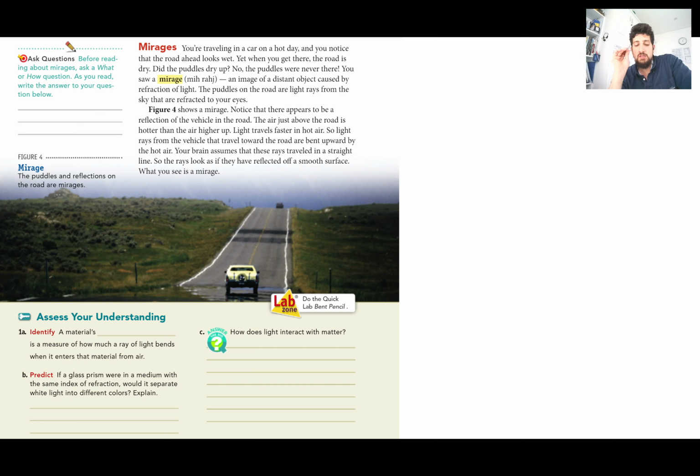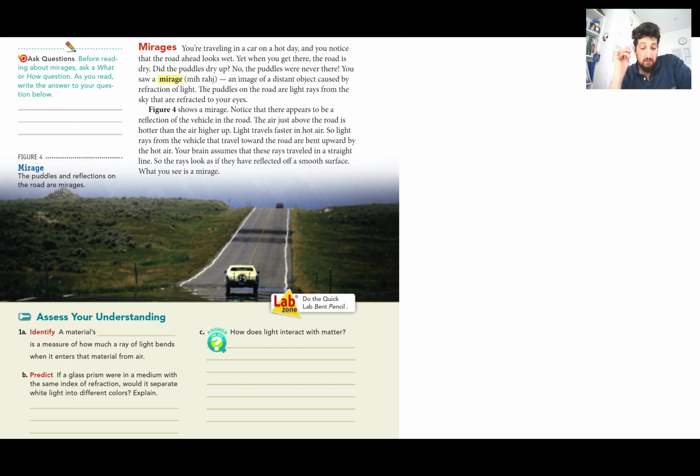Why does a mirage happen? Very interesting. Let's read through this and then I'll try and explain it as best I can. Figure 4 shows a mirage. Notice that there appears to be a reflection of a vehicle in the road. Here's a vehicle, and down here there appears to be a bit of a reflection.